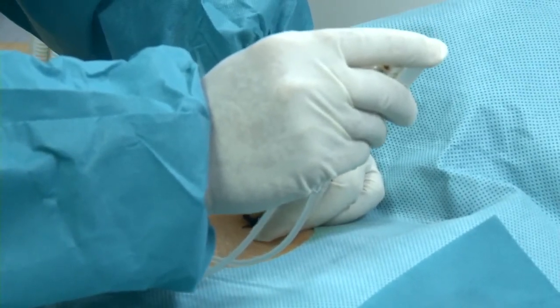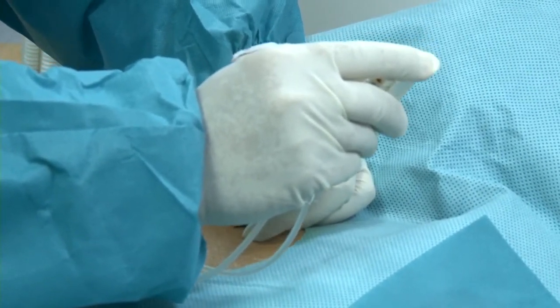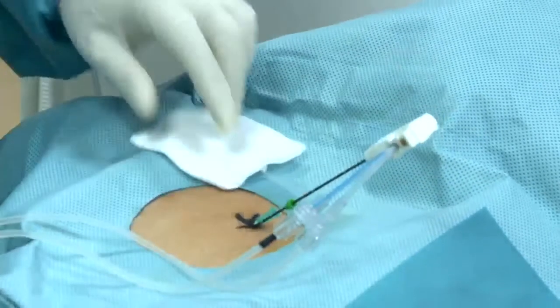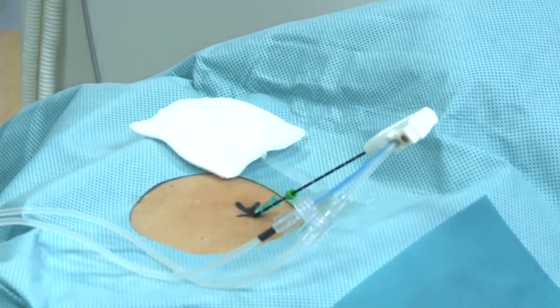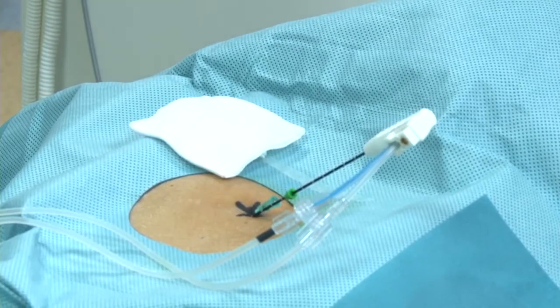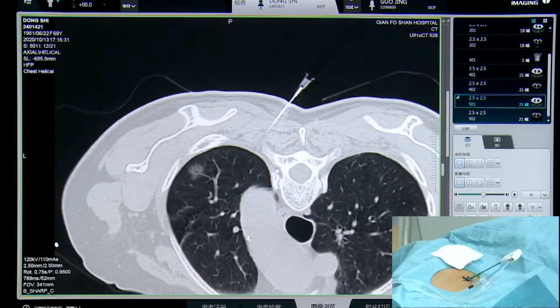So for GGO lesion, we advise and we recommend to insert a microwave antenna prior to the biopsy needle.